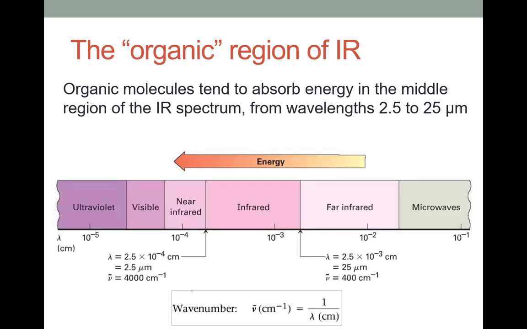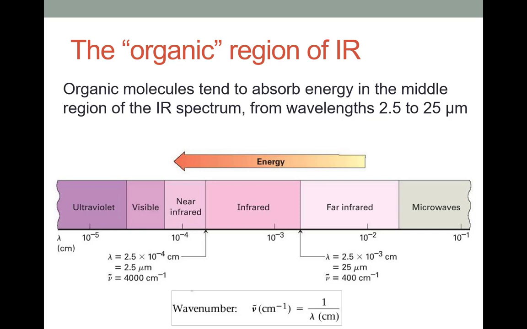The organic region of IR is really quite narrow. So if this entire region here was labeled previously as infrared, we're really talking about this area from about 2.5 micron wavelength up to about 25 microns. These are represented a little bit differently on the graphs that we're about to see.